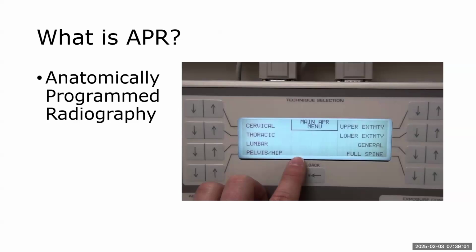So everywhere you work now probably has this. Has anybody worked in a site where the room did not have APR? Like where all you're setting is kV and mA and time, or kV and mAs, where it didn't have anything that you choose? Probably not. I can't think of anywhere that has that anymore.